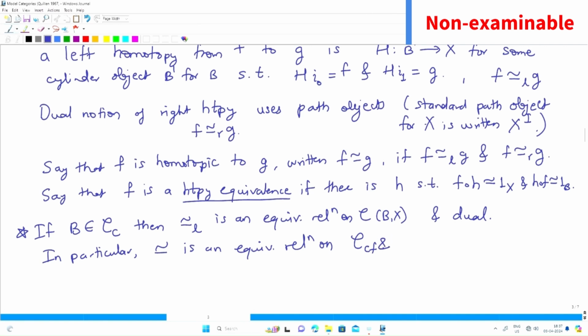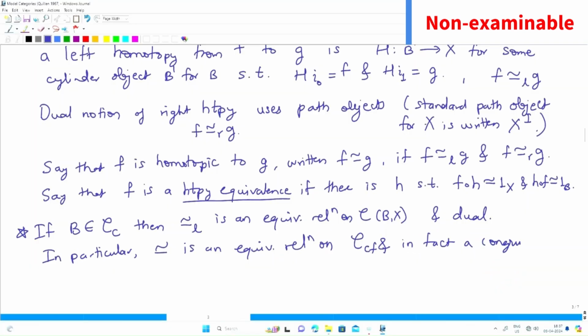And in fact a congruence relation, because I only needed that the domain is cofibrant and the codomain is fibrant, but if I want to compose such morphisms, then I need that both domain and codomain are fibrant as well as cofibrant. And here you can show that it is a congruence. Congruence means it behaves well with respect to compositions. Okay. So once you have a congruence, then what do you do? Quotient. So that is our definition.